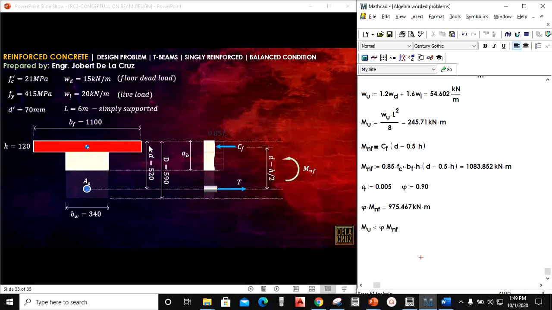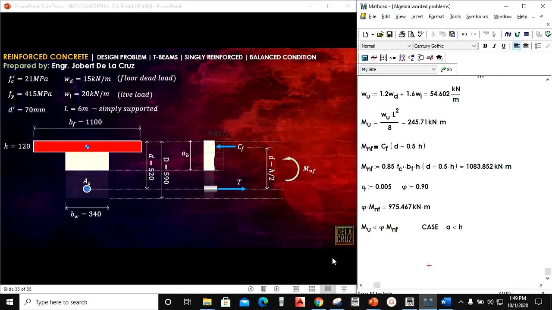Andito lang yung concrete na gagamitin natin. So the case should be that A is lesser than h. Okay, klaro? Hindi lalagpas yung A natin dito.